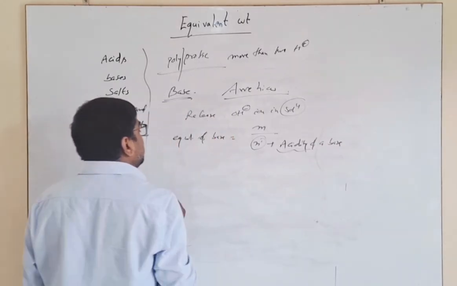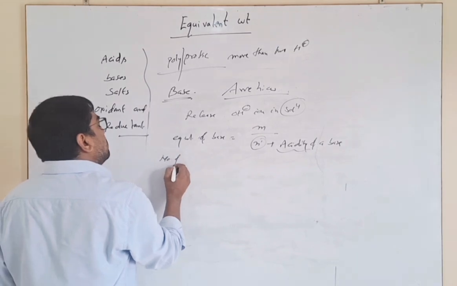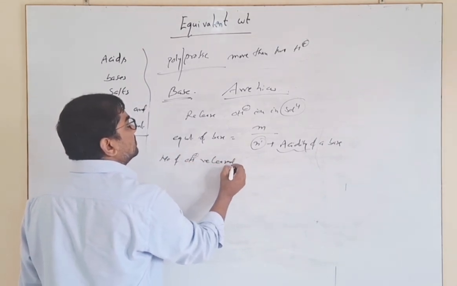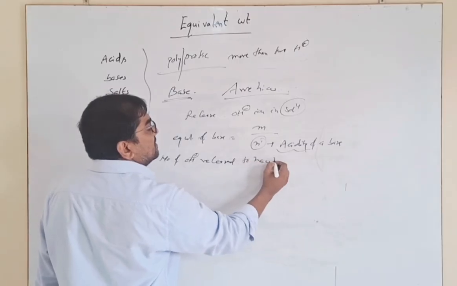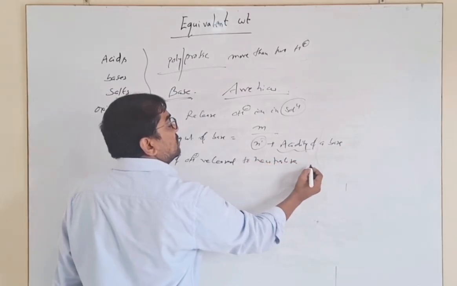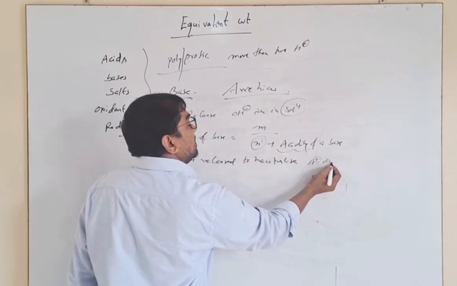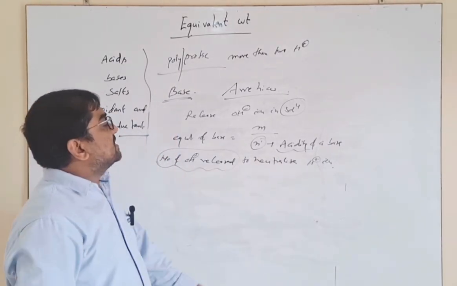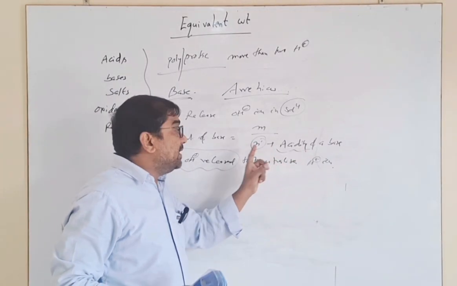What is acidity? It is the number of OH minus released to neutralize H plus ion. So the number of H plus ions neutralized represents the acidity of a base.